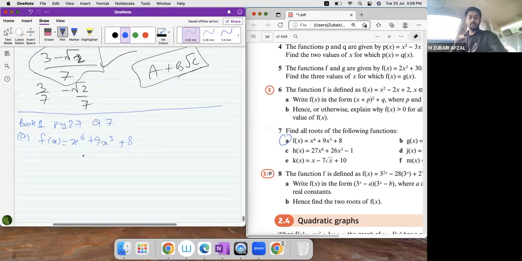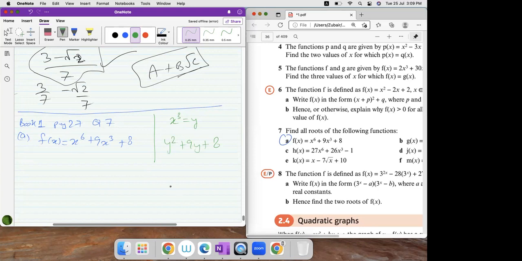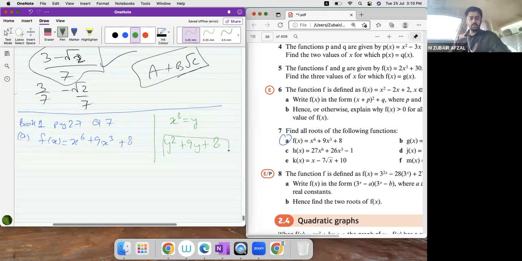If you look at it, this is a quadratic equation. I will solve it as it is, but just to show you, if I choose x cube equals y, I can also write this as y squared plus 9y plus 8. Does it make sense? So you actually don't need to change this. You can solve it directly as well or in this way.